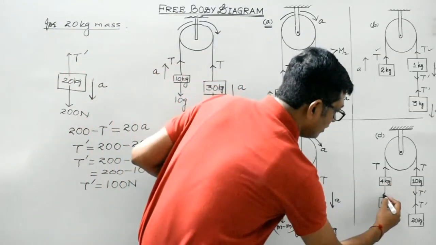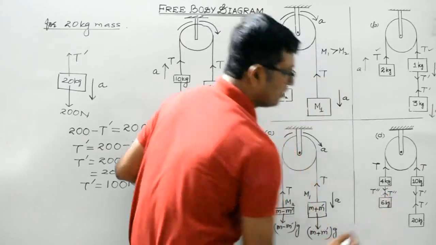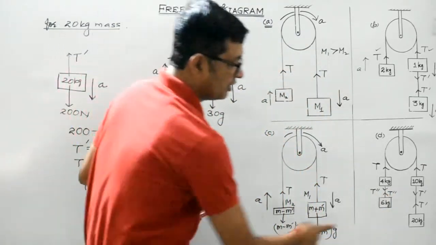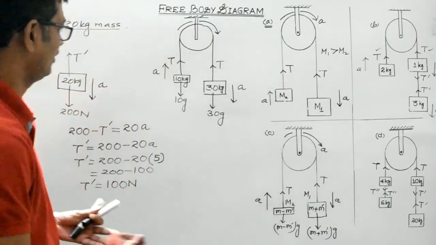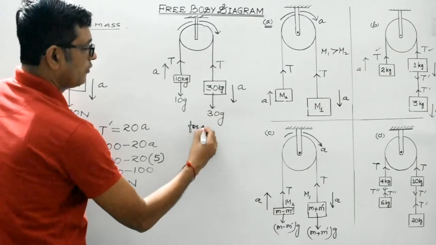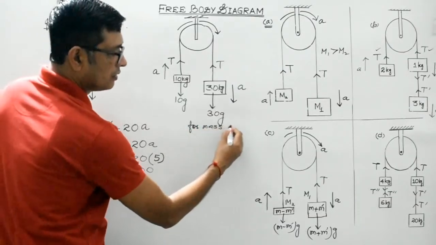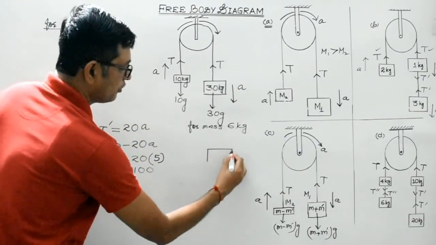Let's find out the value of tension T double dash. For this, students, you need to draw the free body diagram of mass 6 kg. Let's do it. Okay, this is the body of mass 6 kg.